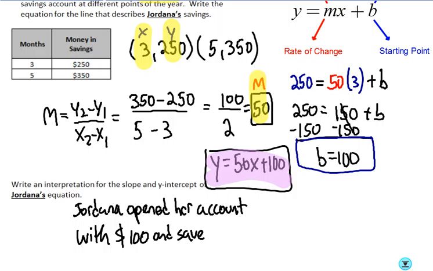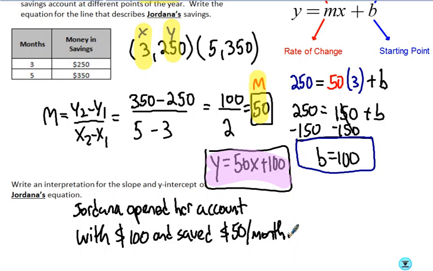Saved, not with a P, saved $50 a month. Right, so there's our interpretation of it. Jordana opened her account with $100 and saved $50 per month.